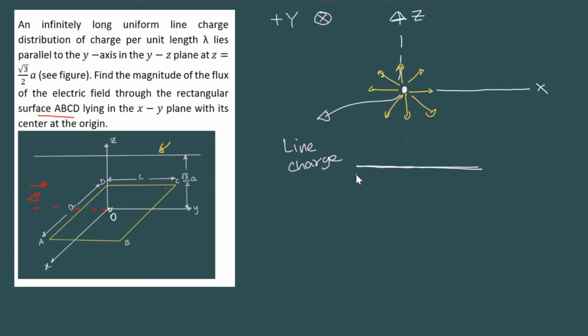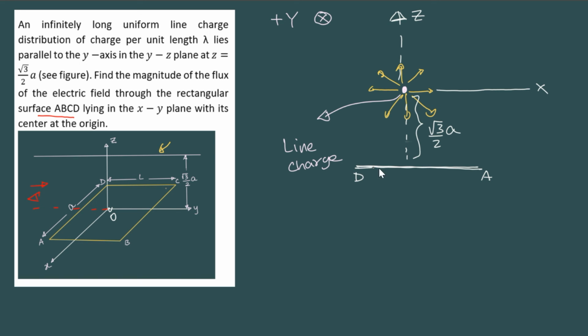This is what I'm looking at. And from the wire, the edge of the rectangle is at a distance root 3 by 2 a, and into the board, the lengths of the edges CD and AB are all a.